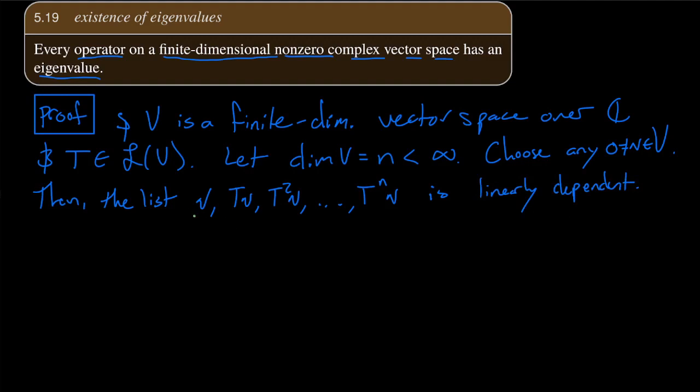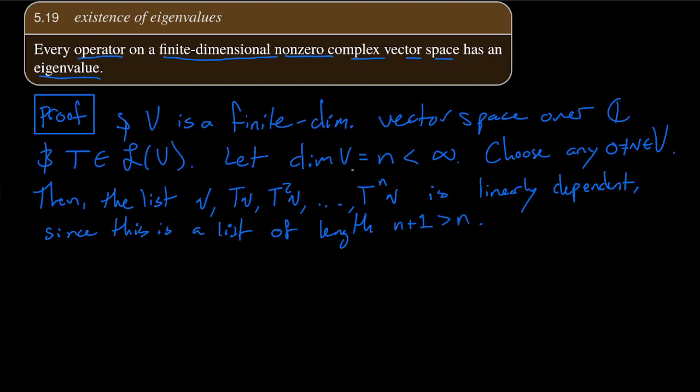So the idea of it is that we've said, look, we have a finite dimensional vector space. It's got some number n, that is its dimension. Let's just take any non-zero vector, plug it into T, and then keep plugging that result into T more times. If we do this all the way up to the nth power of T, then we've got a list of length n plus 1, which is greater than n.